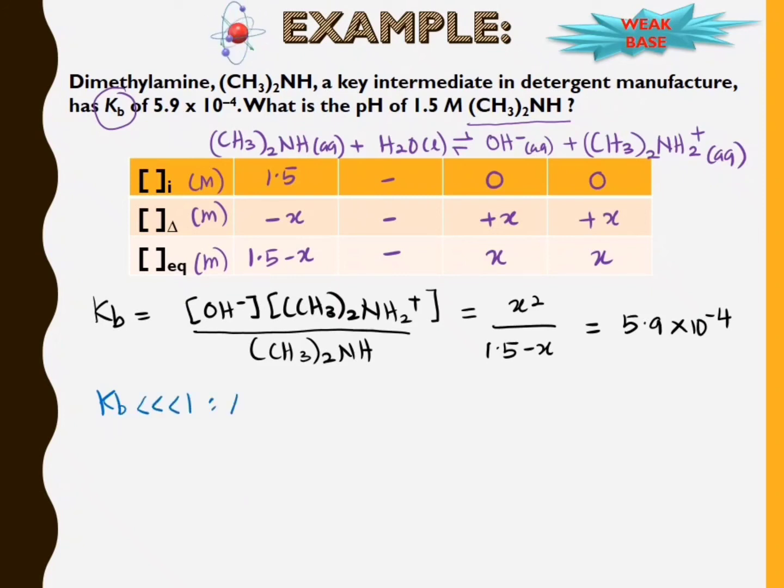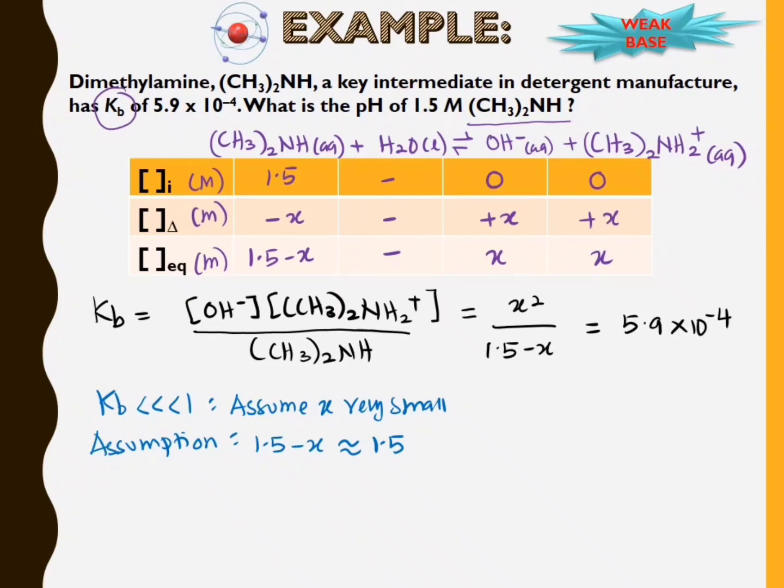We just assume. Kb is less than 1, so we assume that X is very small. Sorry, my handwriting is a bit bad. Assume X is very small, and then by assumption, 1.5 minus X equals only 1.5.